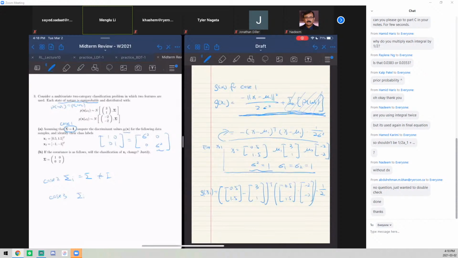So G1 for x1 becomes, so the G function for class 1 is this equation.